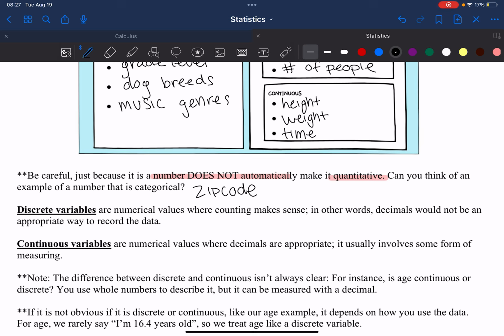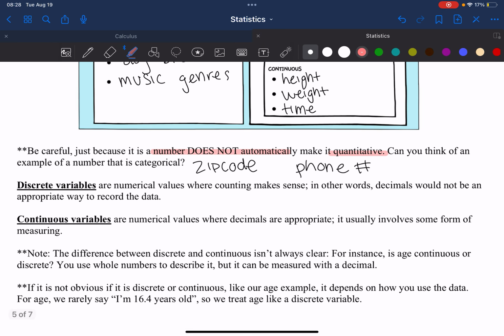And then I was to tell you, okay, now let's take the average of everybody's zip code. Well, that doesn't make sense. If we take the average of everybody's zip code, for one, that's not telling us anything. And for two, we could end up getting something like a decimal at the end, like 0.5, 0.4, and there's no decimals in zip codes. So this would actually be categorical. Another example could be your phone number for the same reason.